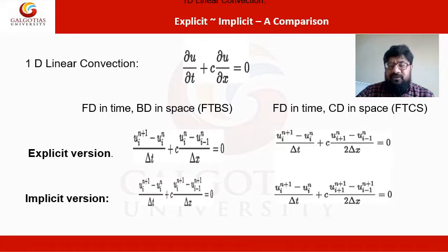We will utilize nodes i minus 1 and i plus 1 while calculating the derivative del u by del x at i. But in the implicit version, you can see that this derivative is calculated at the future time level by using central differencing in space.